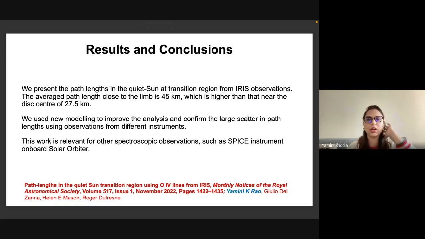They had reported it for the moss region, while we are doing it for the quiet Sun, where we expect it to be a bit lower.